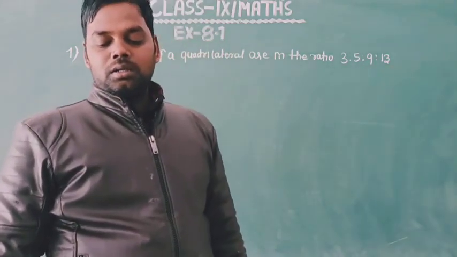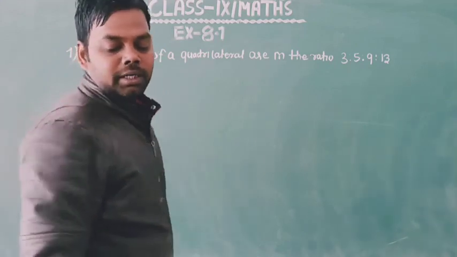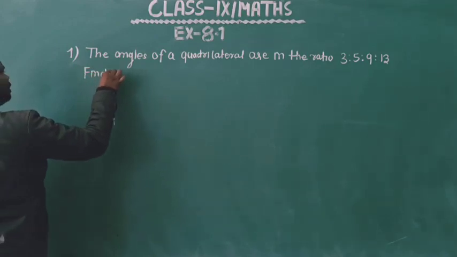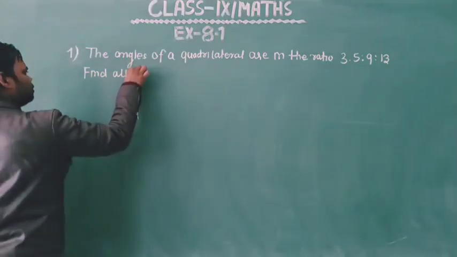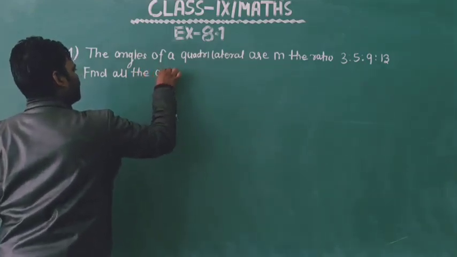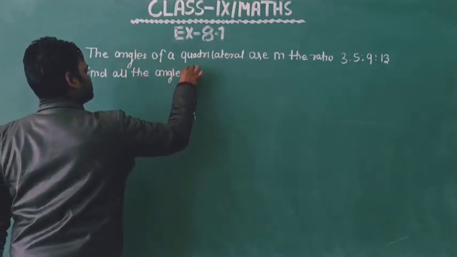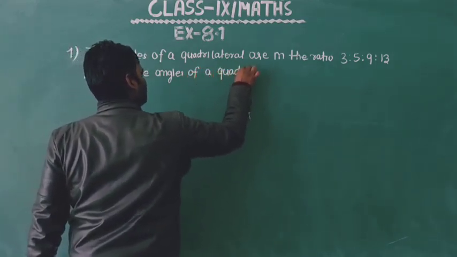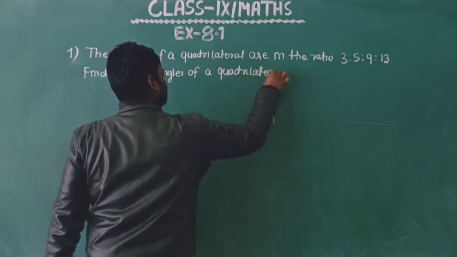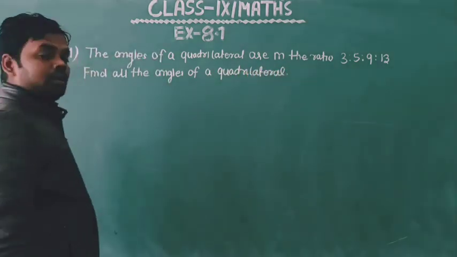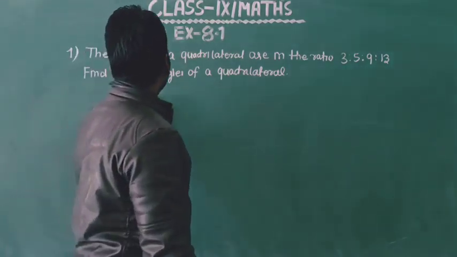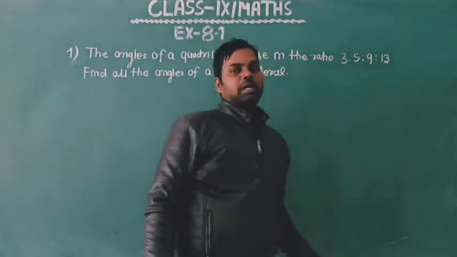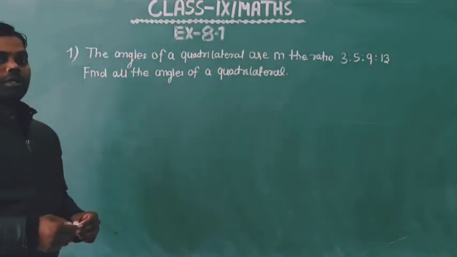Find all the angles of the quadrilateral. Okay, so in this question the angles of a quadrilateral are given in the ratio 3:5:9:13. Then find all angles of the quadrilateral.